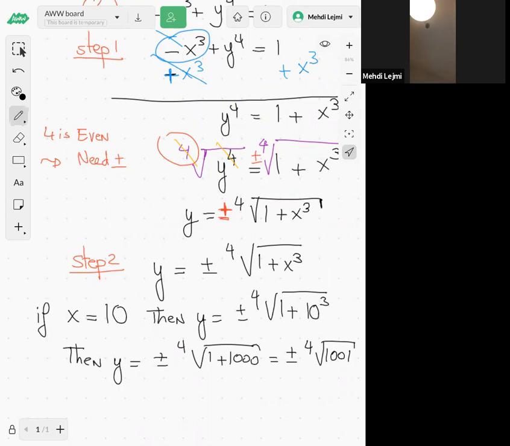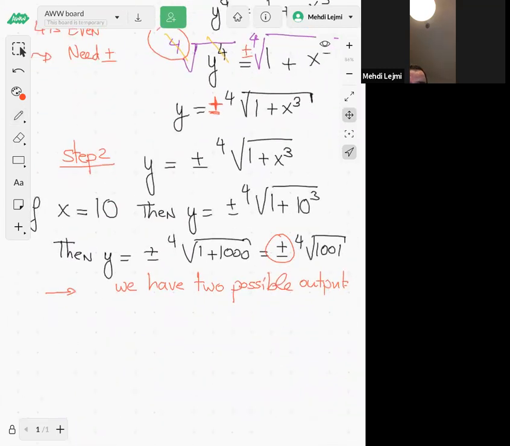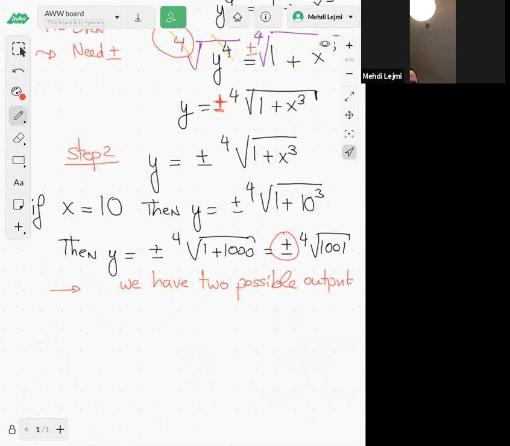Anyway, the point is, we have two possible outputs because of the plus or minus. And so the conclusion is, hence not a function. It's not a function.